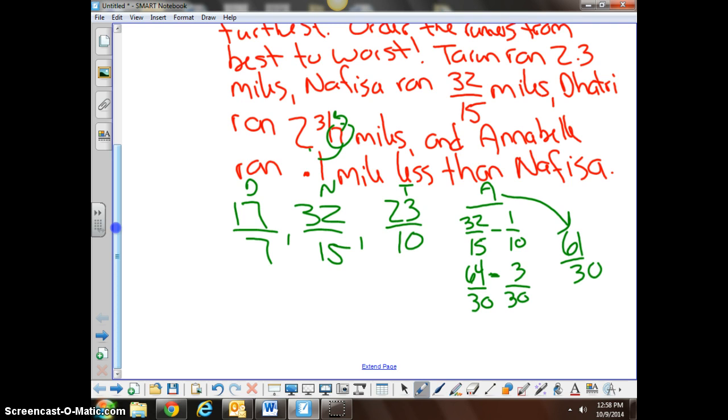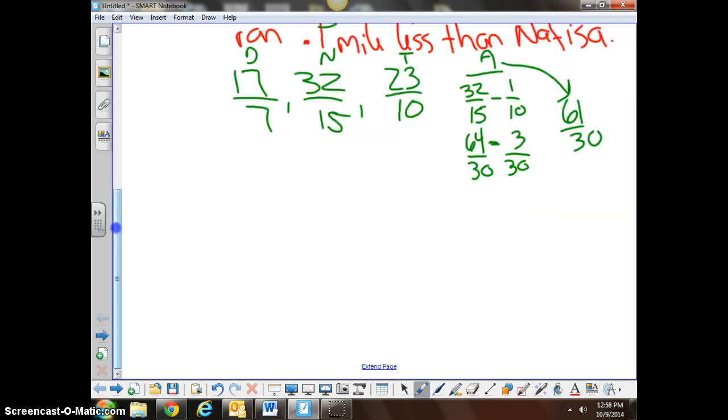Okay, so since we have them all in improper fractions, I have to find a common denominator for all 4 of them, right? So I've got 17/7, and again, I'm going to keep my label so I don't lose who I have. I've got 32/15, and that is Nafisa. I've got Tarun at 23/10. You guys are going to have to help me out with calculations here. And I've got Annabelle at 61/30.